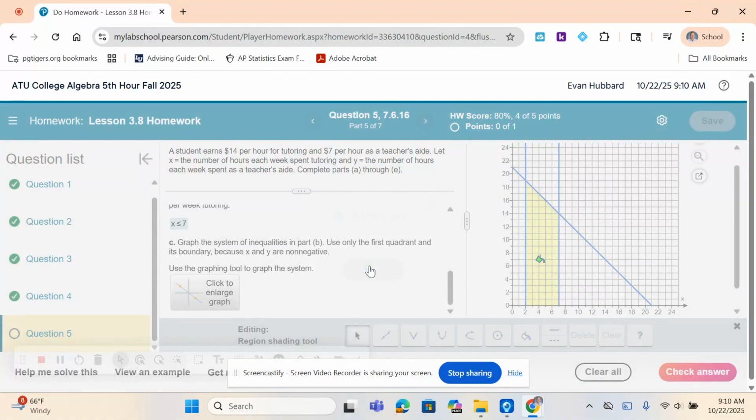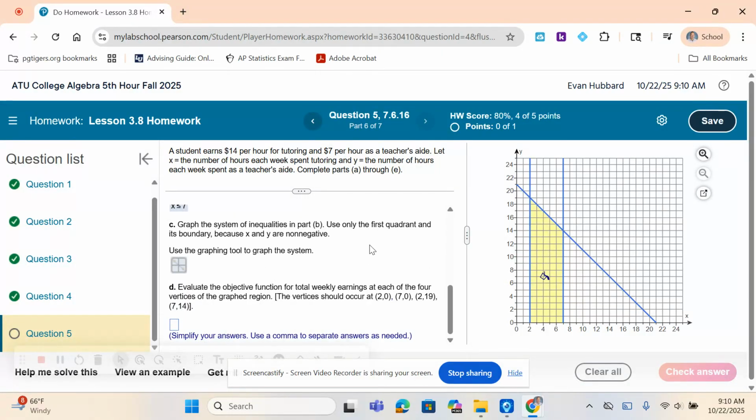Check answer. Now let's establish what our boundary points are. I've got 2, 0, 7, 0, 2, 19, and 7, 14.